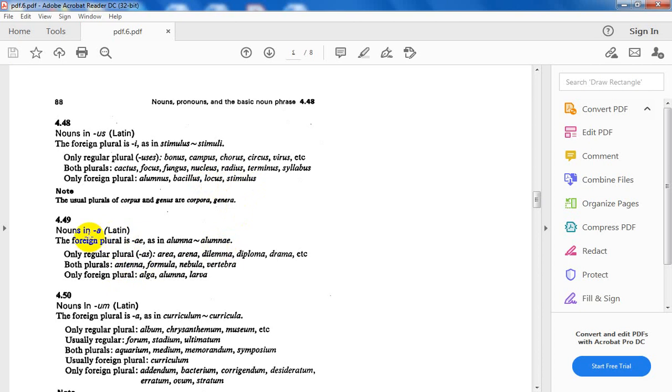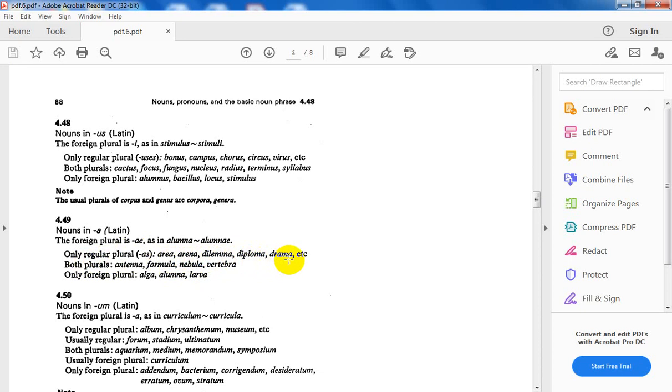Again the same Latin words. If the noun ends in A in the singular form, in order to make it plural, I add E to the end of the noun. This is the irregular form. Only regular, meaning adding S to the nouns ending with A: area, areas, arena, arenas, dilemma, dilemmas, diploma, diplomas, drama, dramas.